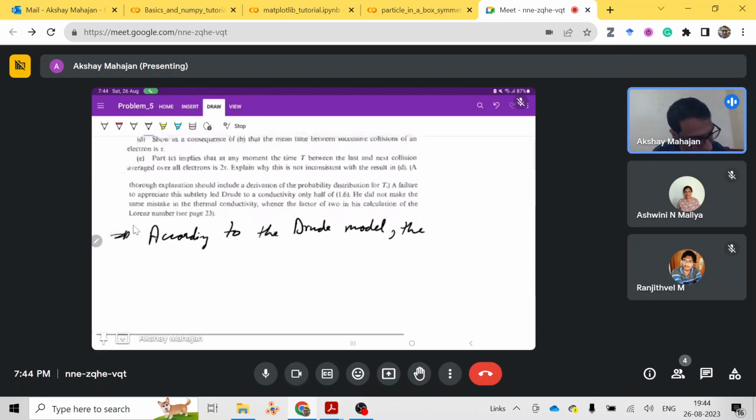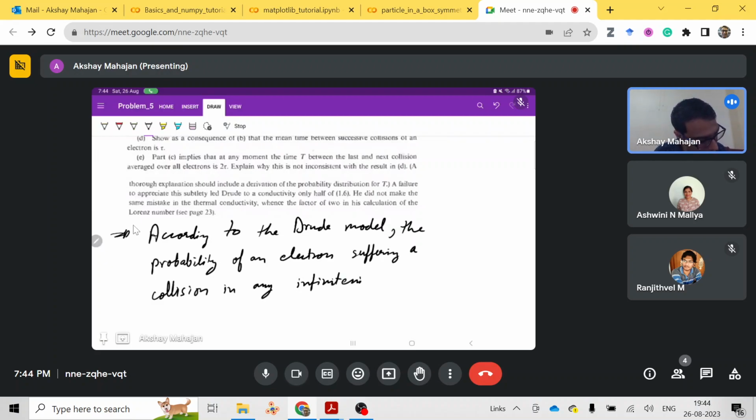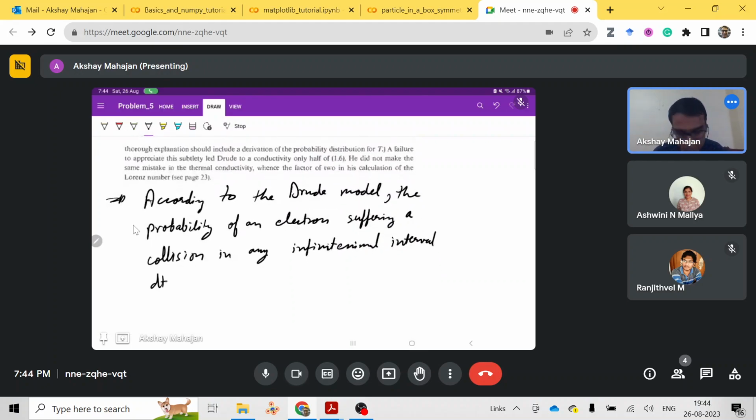The probability of an electron suffering a collision in any infinitesimal interval dt is dt by tau.